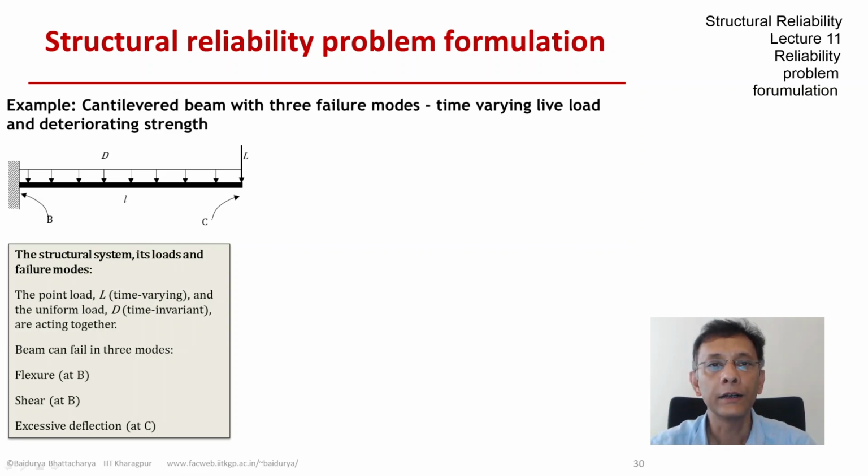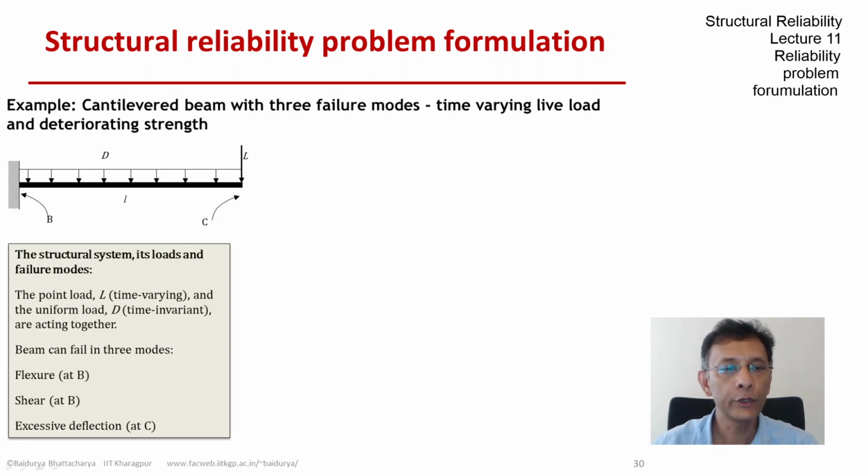It changes with time, and let us say that it occurs as short pulses during the life of the structure for very small durations. It could be the occurrence of vehicles on part of the bridge structure or other loads caused by human activities. The dead load D is still time invariant.